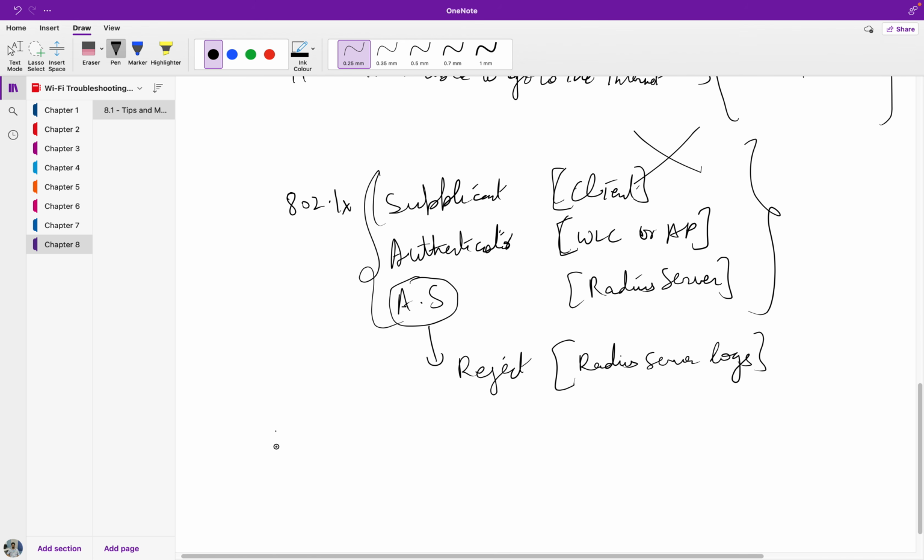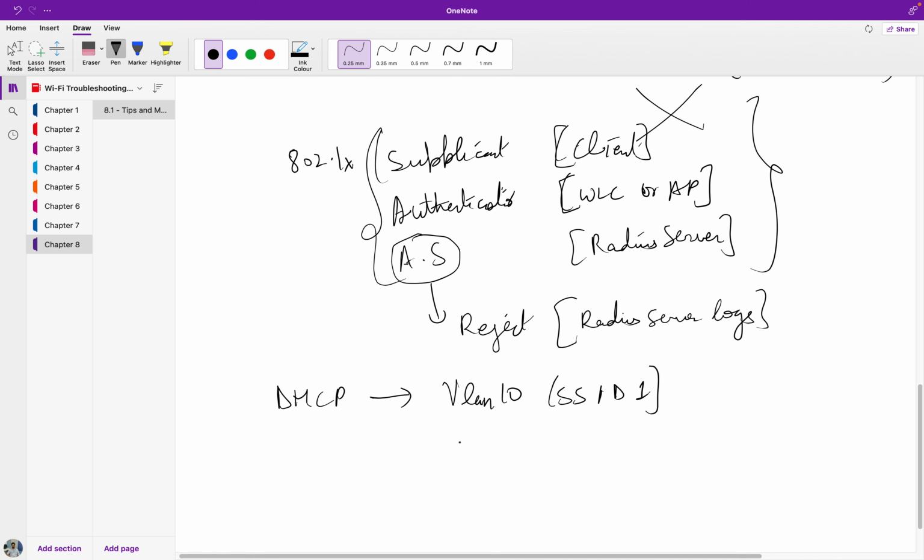The other is, let's say my Wi-Fi client is not getting an IP address from the DHCP server. The number one and first thing that you all should do is this. Let's say we have VLAN number 10 on Wi-Fi and the SSID is SSID 1, and my client is not getting an IP address on this VLAN.